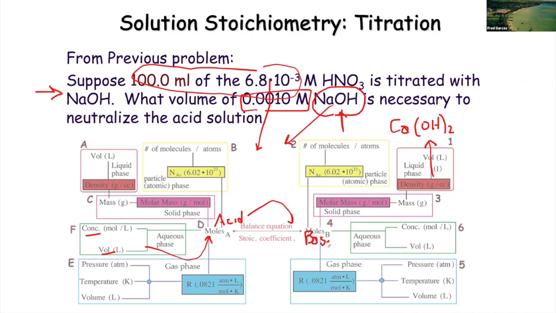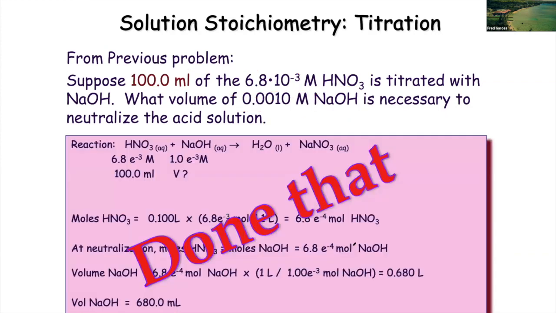So to get the volume, we can use the concentration that was provided. Together with the moles, we can get the volume. It's the same thing that we studied in chapter 13. It's just an extension.